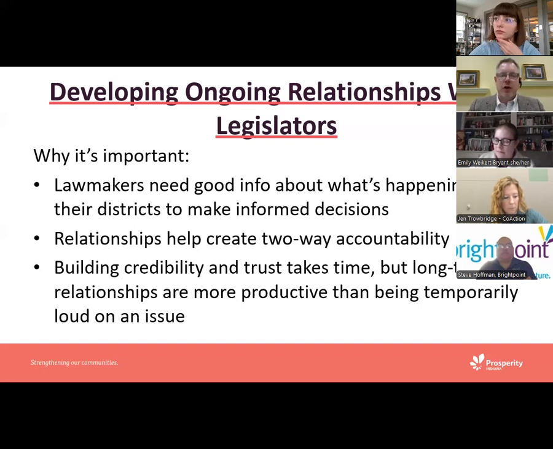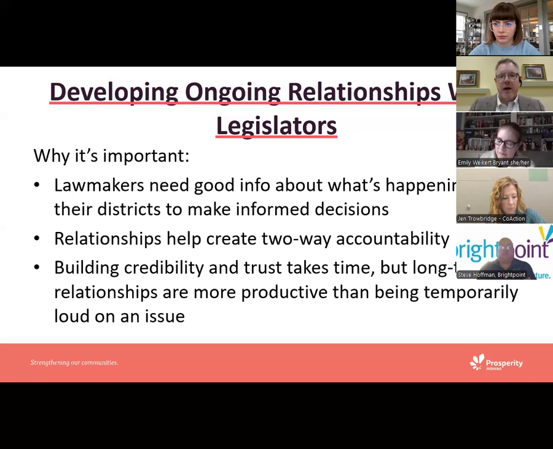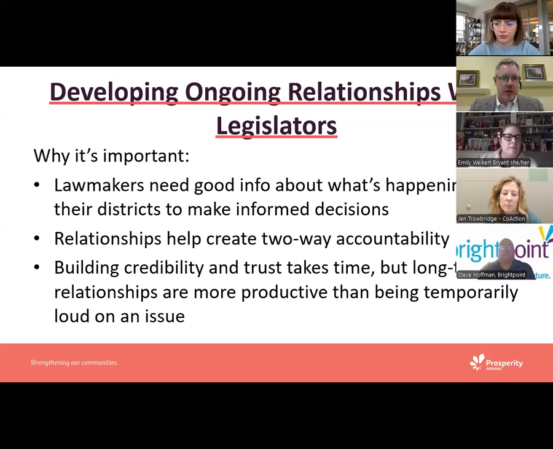And we want to make sure that our partners know that they are the experts when it comes to the work that they do and the communities that they serve, and frankly, the problems that they encounter in ways that legislators may not know. So lawmakers need that information about what's happening in their districts so that they can make good, informed decisions. And we need to approach each of these relationships knowing that they want to do the right thing, but sometimes they need help and they need the right information.